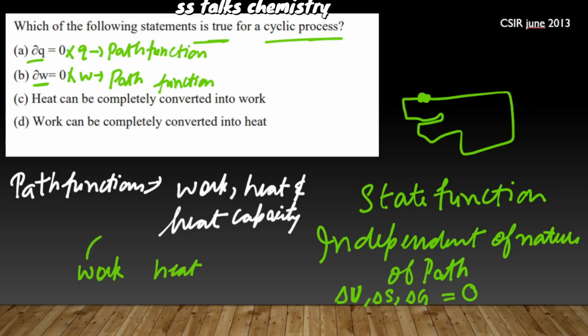All the work that you have can be converted into heat 100%. This is possible, but all the heat cannot be converted into work 100%. Some of the heat is lost to the environment. So work can be completely converted into heat, the statement is the true one. Heat completely converted into work is incorrect. So B is going to be the right answer.